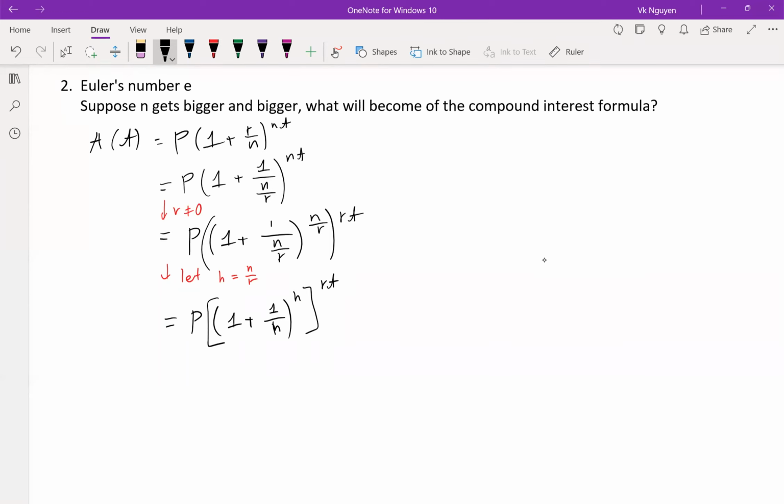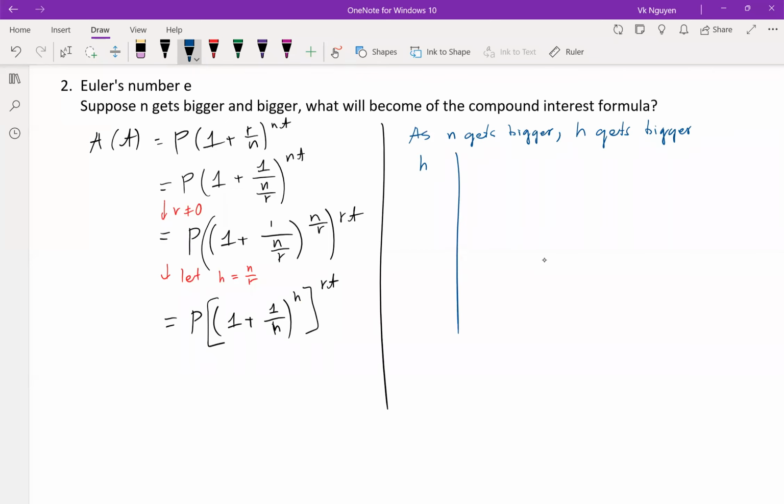As n gets bigger, h gets bigger. Look at 1 plus 1 over h to the power h.